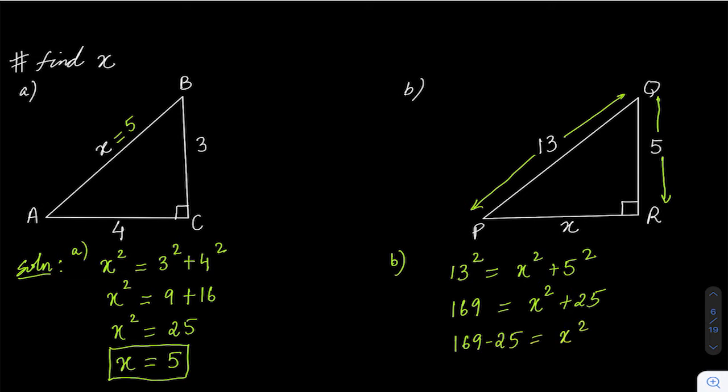My x square is coming out to be 144. Again we get x equal to plus or minus 12, but we are neglecting minus 12 because x is the side of a triangle. So x is 12. That's our answer. This is how you can apply Pythagoras theorem in basic questions. If two sides are given, you can always find the third side.